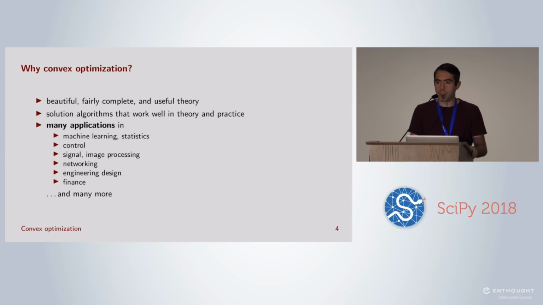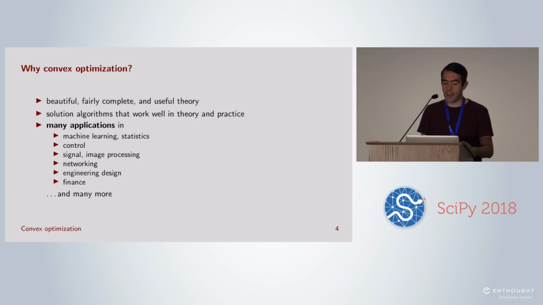This is a restricted class of optimization problems. There are an infinite number of non-convex problems. But this turns out to be a very useful restricted class to consider for many reasons.